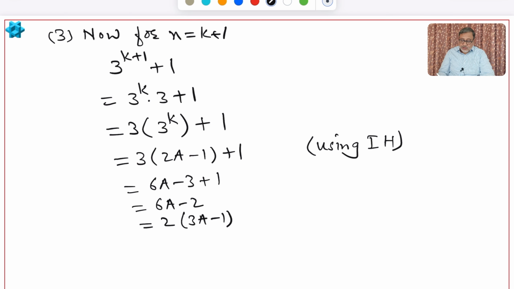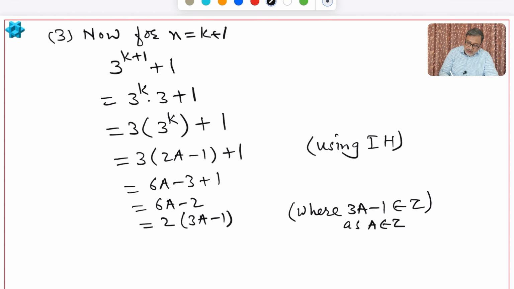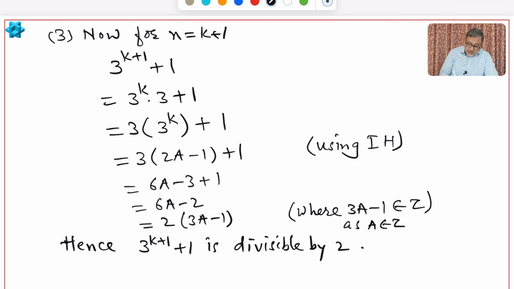Now 2 into any integer, where 3a minus 1 belongs to Z, it is an integer, as a belongs to Z. Therefore 3^(k+1) + 1 is divisible by 2. Hence P(k+1) holds.